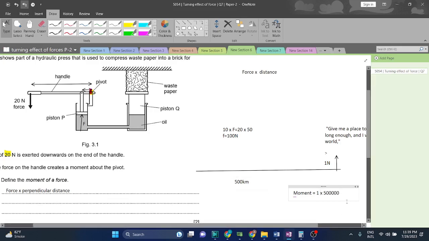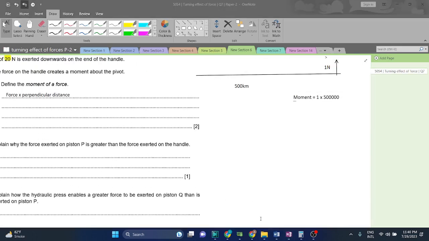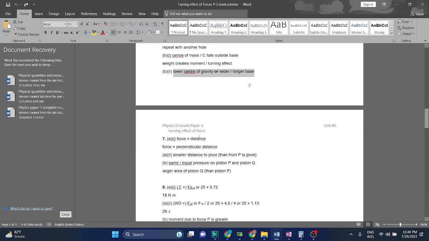So the moment will be 500,000 Newton meter with a single Newton of force. That is a very interesting fact. So yeah, I thought I should share that. So force into distance. अच्छा ये ले लेते हैं. Smaller distance to pivot than.